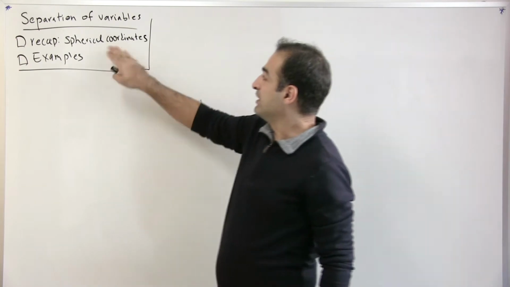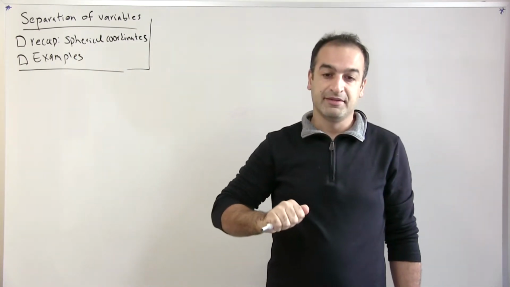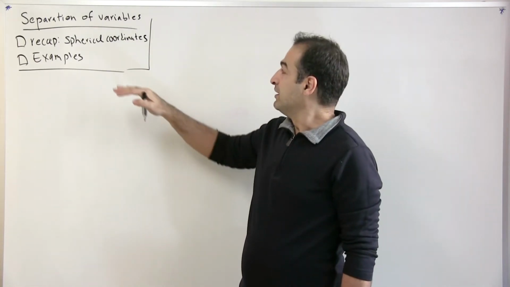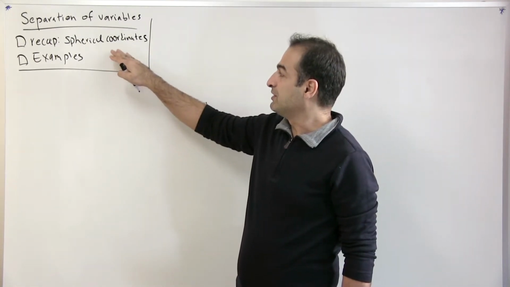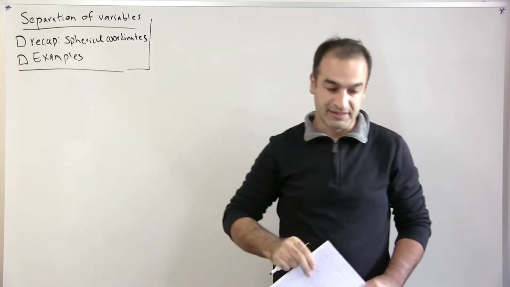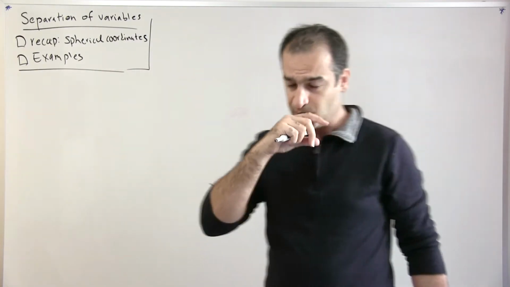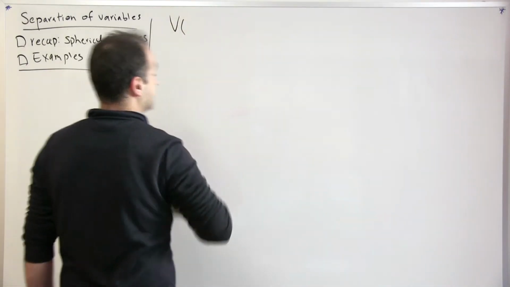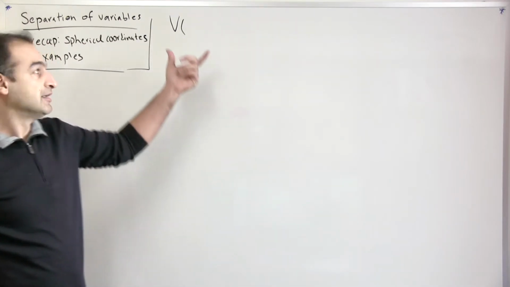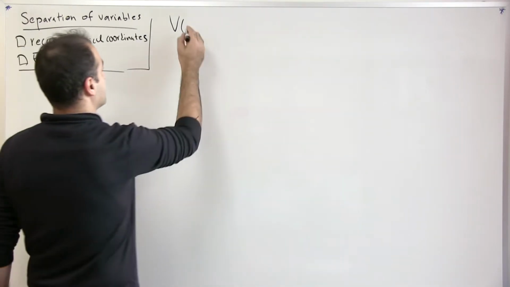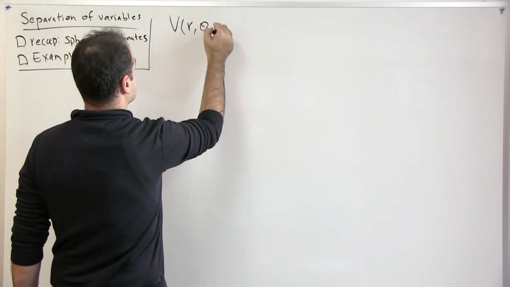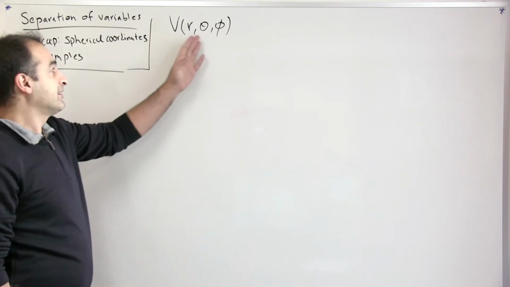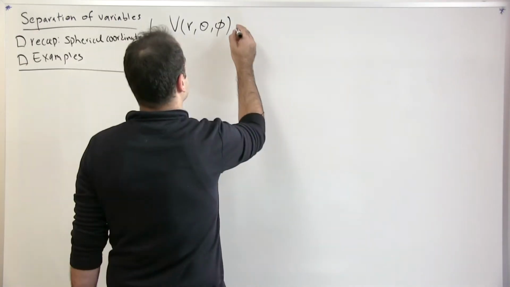The discussion today is going to be on separation of variables to solve problems, Laplace's equation in spherical coordinates, and I will do a few examples. To remind you again, the whole idea of separation of variables is that if you are looking for the solution, like electric potential, which is a function of different variables, in this case, in spherical coordinates, r, theta, and phi, then you can separate them.